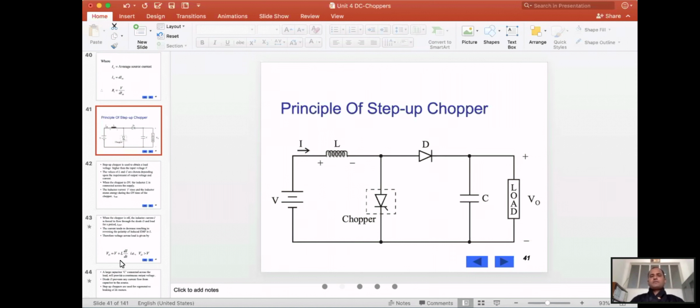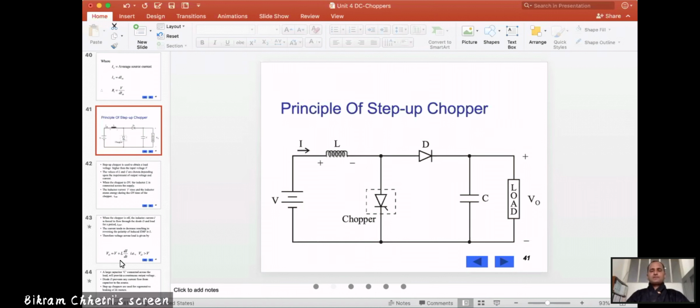The input is fixed, the output is variable. So how are we going to manage the output voltage? It's a DC to DC converter, converting DC to DC. There are two different types of chopper: step up and step down, buck and boost chopper. There is another one, also known as a buck-boost chopper.